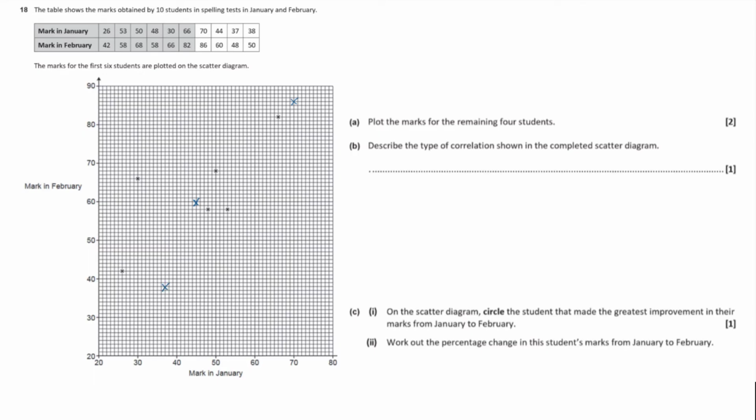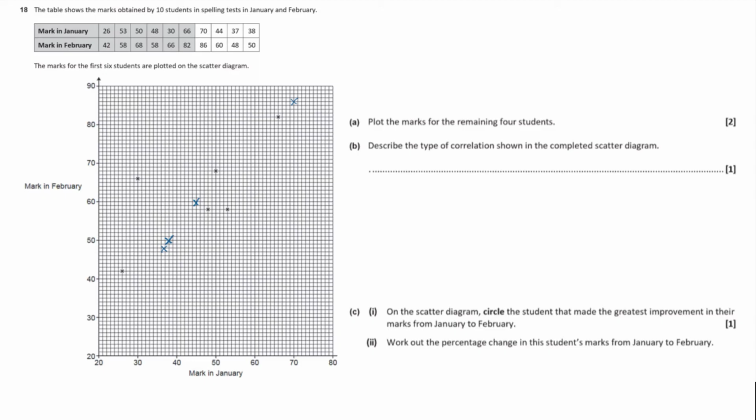And finally, it's 37, 48, which is here. And what's the last one? 38, 50. So there. Okay. So I've added my 4 extra points on.